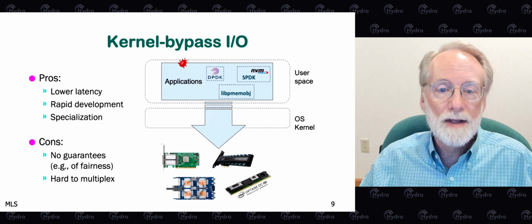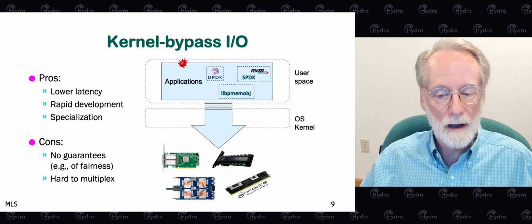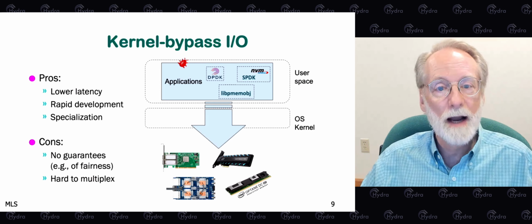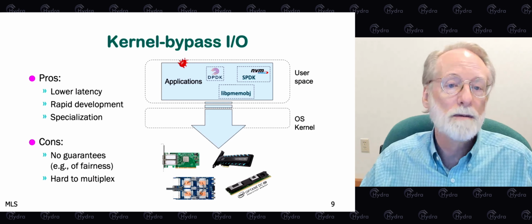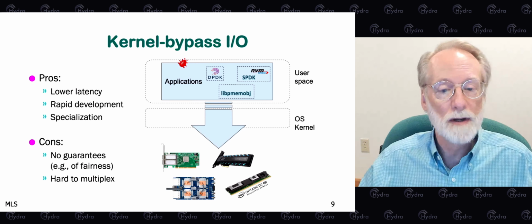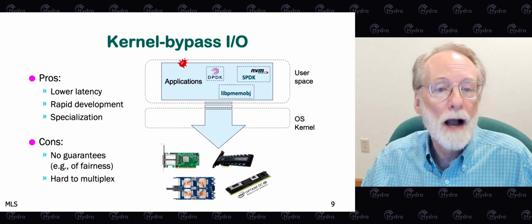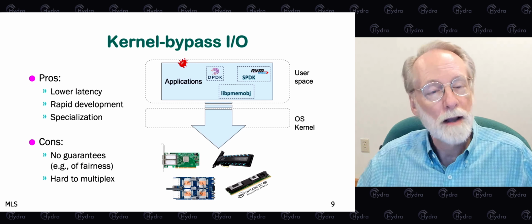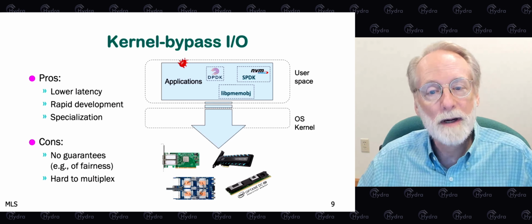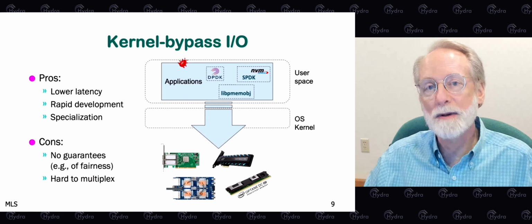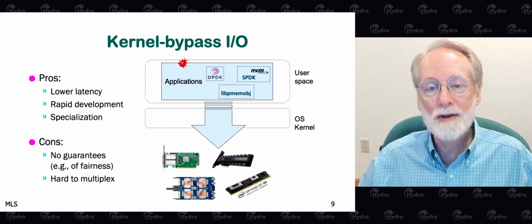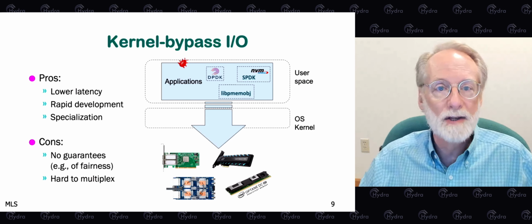So to eliminate these overheads and to implement optimizations that are tuned to particular applications, many data center providers, the Googles and Facebooks of the world, are now doing kernel bypass I/O, where applications make calls into the operating system to set up access to a device, but the device then talks directly to those applications afterwards.